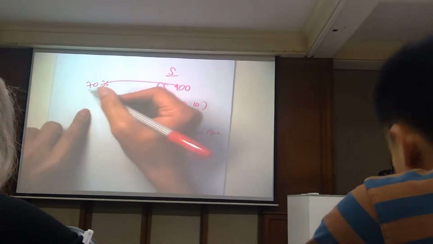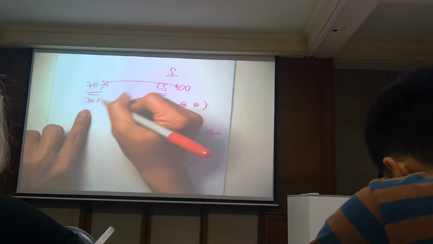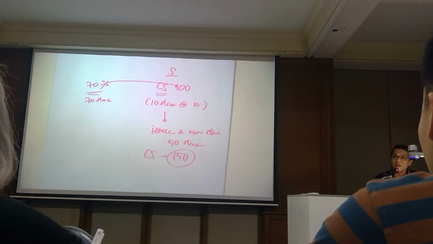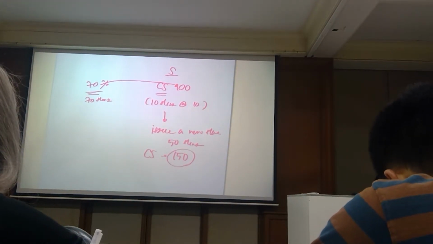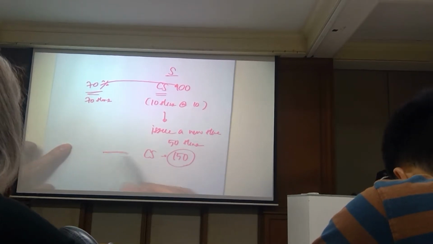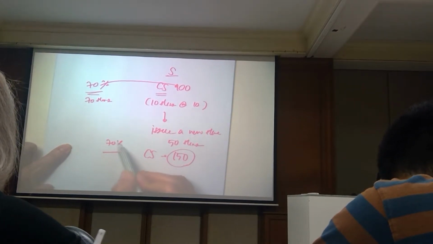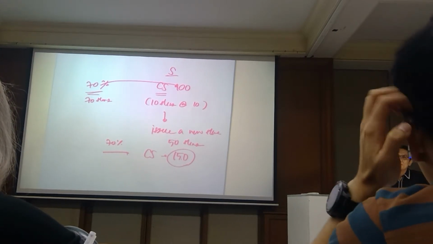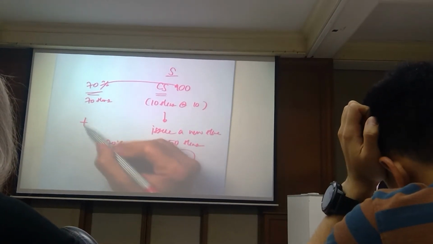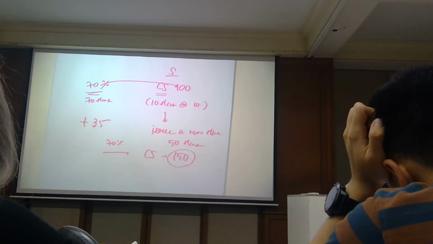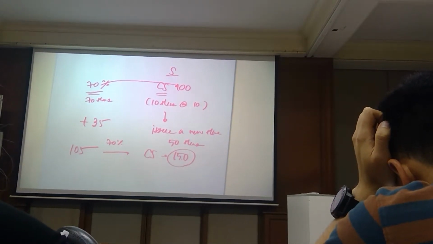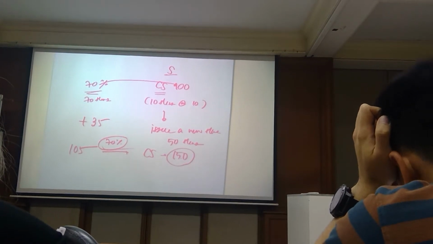The question will be, you normally hold 70 shares to reflect 70% of ownership, right? If you want to hold 70% of this 150, how many shares do you need to buy? You need to buy another 35 to get 105, right? So you remain the same proportion.